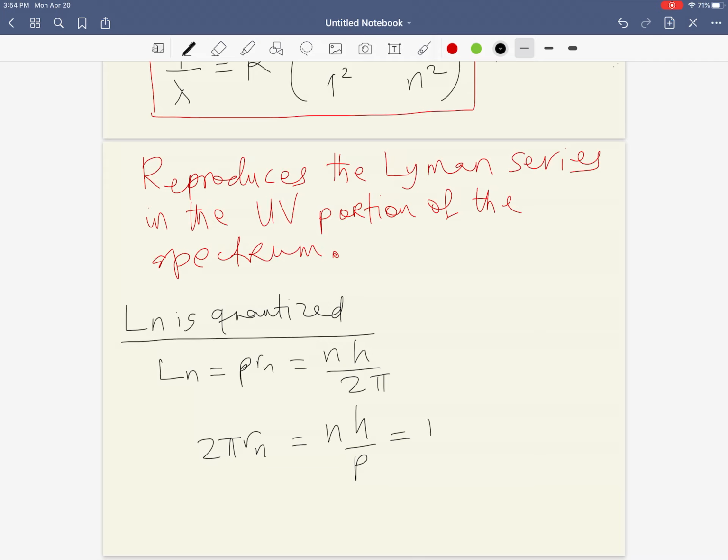So this here is n times the de Broglie wavelength. So we have an expression that says 2 pi r, which describes the circumference of the orbit, is a whole number of wavelengths. This is what this expression says. So 2 pi times Rn is n lambda.